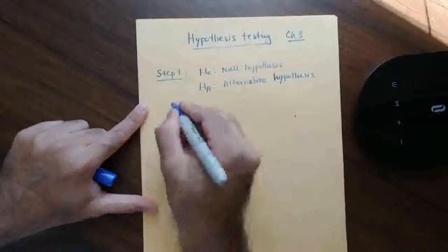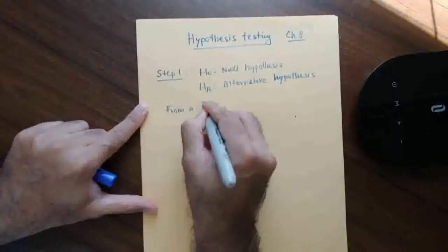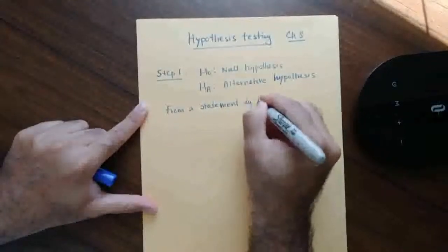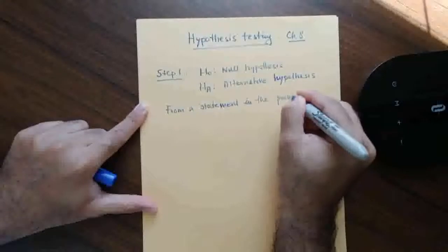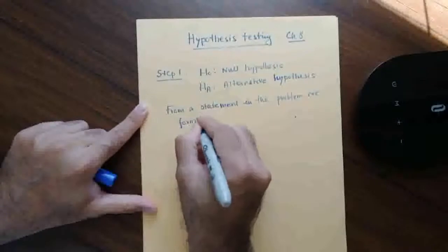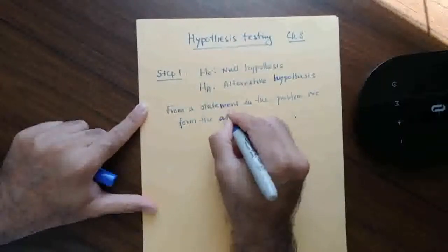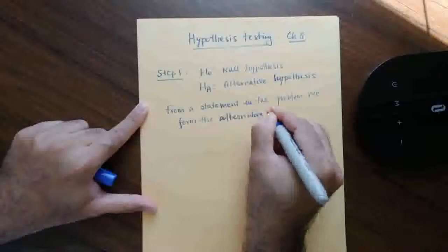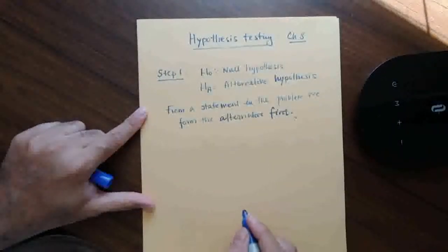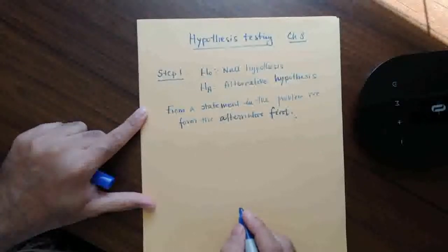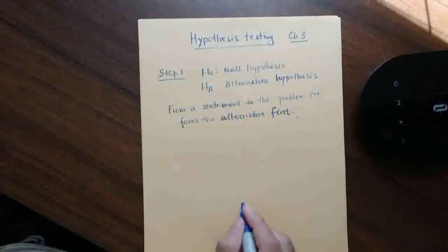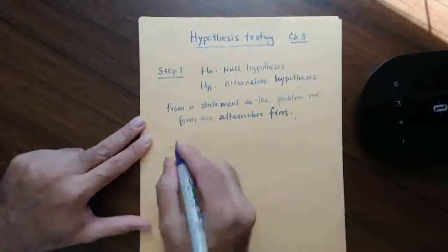From a statement in the problem, we form the alternative first. So how many different choices are for the alternative?